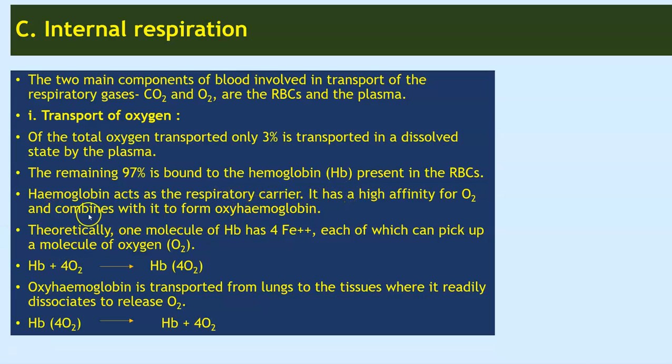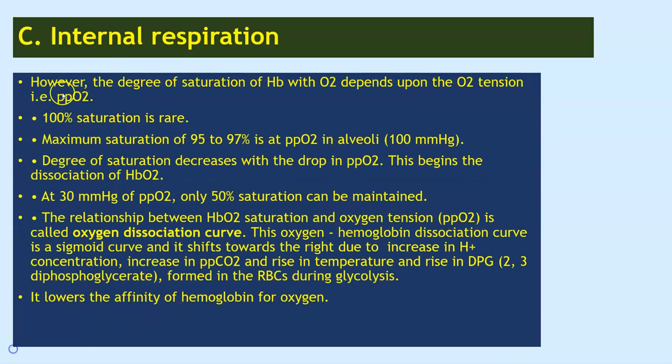So basically the oxygen capacity of hemoglobin is it can carry 4 oxygen molecules at a time, and it can readily dissociate and release this oxygen molecule. However, the degree of saturation of hemoglobin with the oxygen depends upon the oxygen tension, which is the ppO2. 100% saturation is rare.